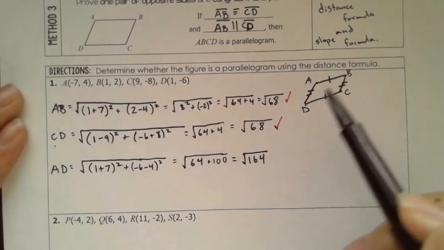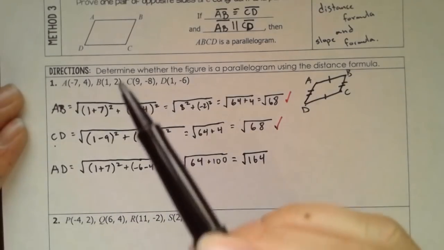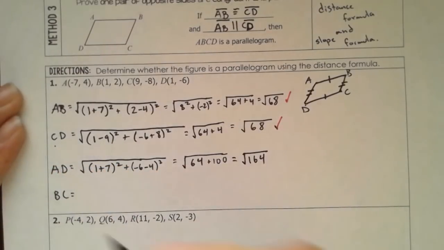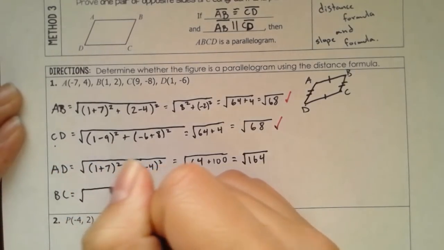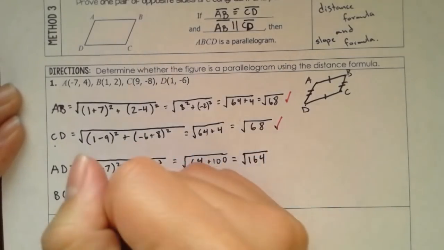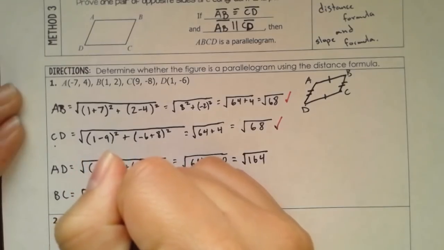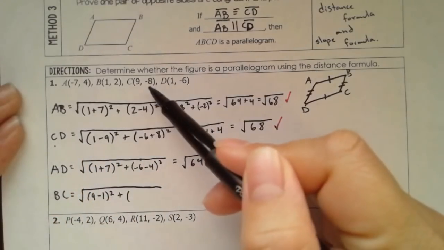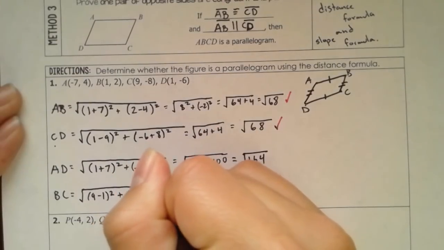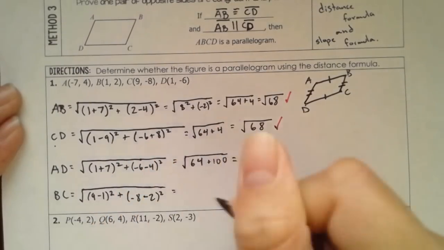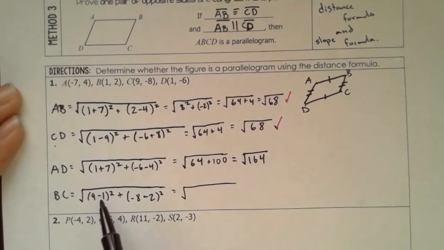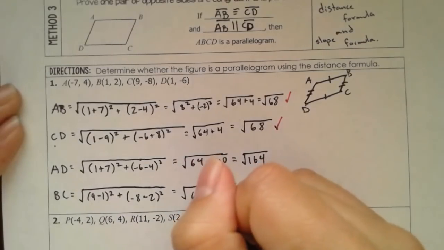Next one, so that's AD. I'm going to take BC. So BC, the two center points here. And I have x2, 9 minus 1 squared, plus, then I have negative 8 minus 2 squared. 9 minus 1 is 8. 8 squared is 64.